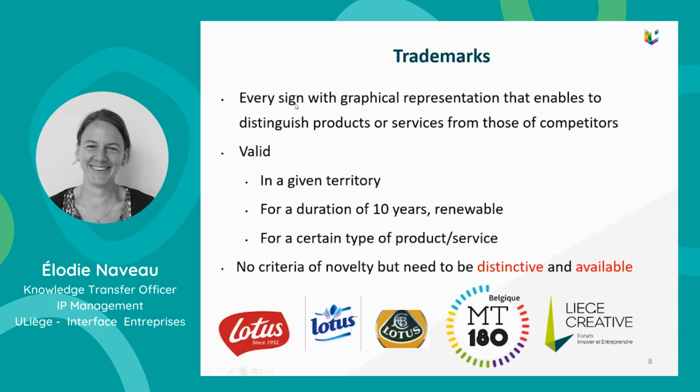What is important in this sentence is the graphical representation. As soon as you can represent it graphically, you can obtain a trademark. For example, I mentioned the specific tune in a phone.